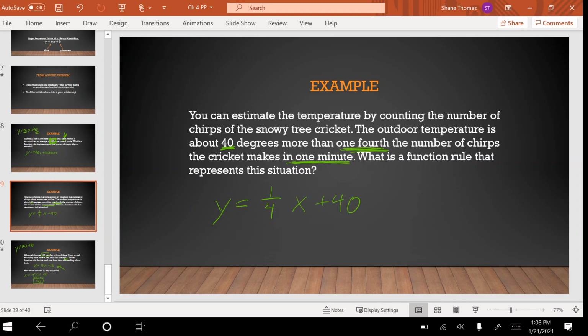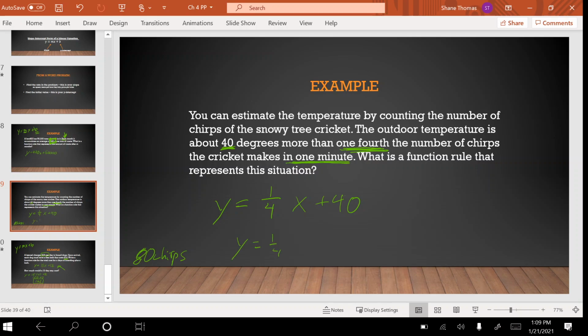So if that snowy tree cricket, say you're standing outside and you count that he chirps 80 times in 1 minute. Okay? So we get 80 chirps. Now I just take this and plug it in. So I plug an 80 in.